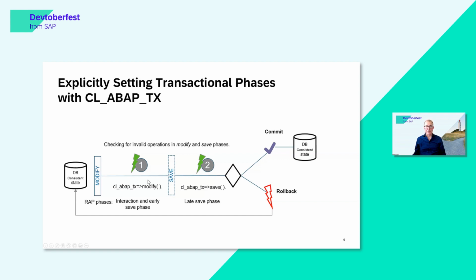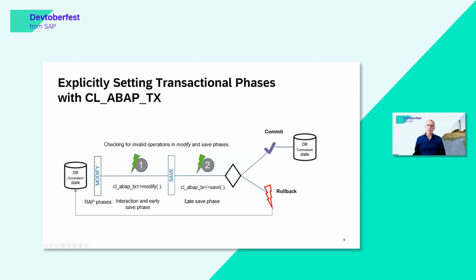If you use that in your code, there are two static methods. You can use the method modify, and that would signal the framework that we are entering the interaction phase, the early save phase. And there we can do all those things that are allowed in that phase.